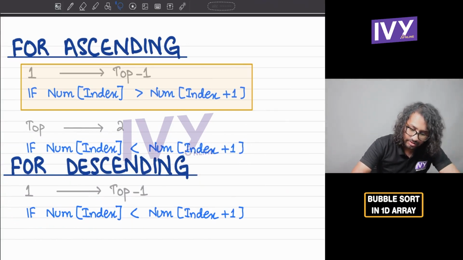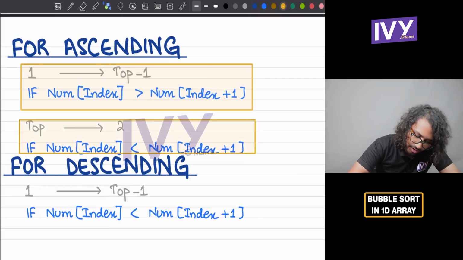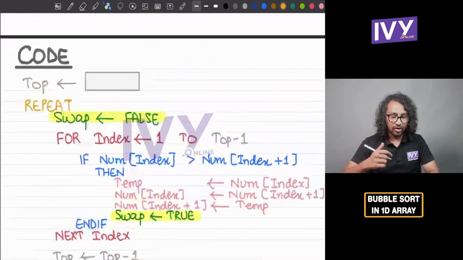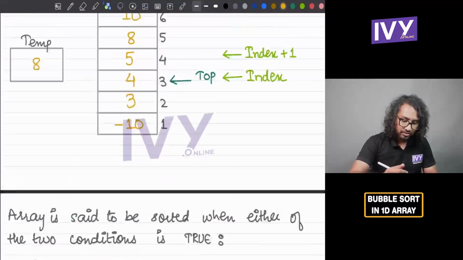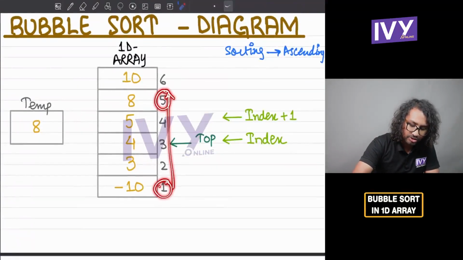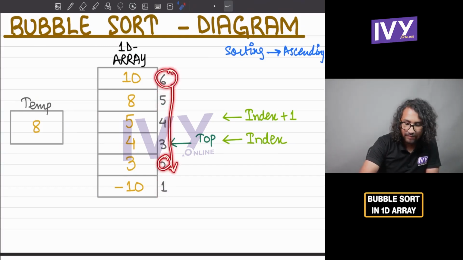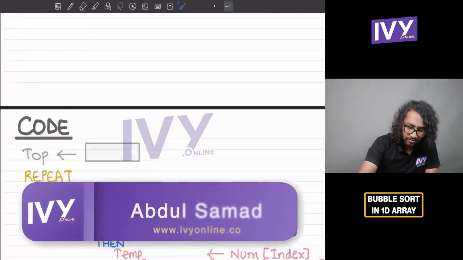I hope things are clear inside your head. If someone is thinking, sir, why have you written 2? You need to understand that if we were going from bottom to top, we were going till top minus 1, which was 5, right? In the other case, if you are going from top to bottom, you have to go till 2, right?